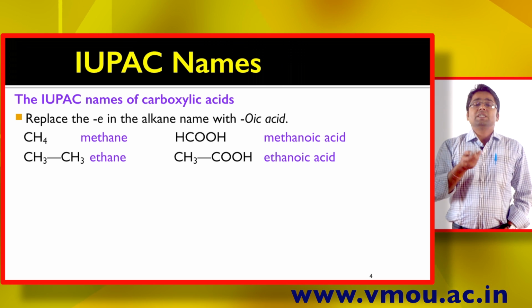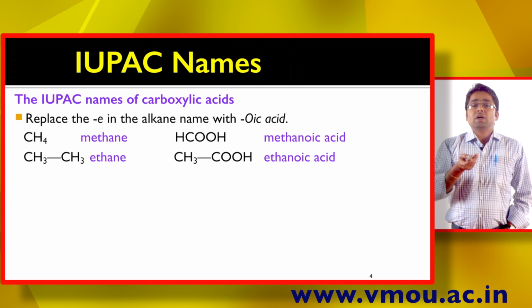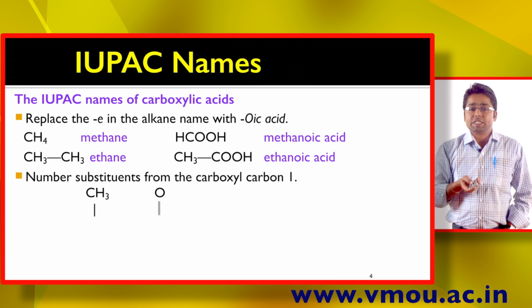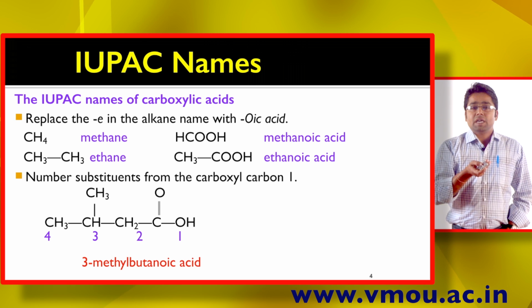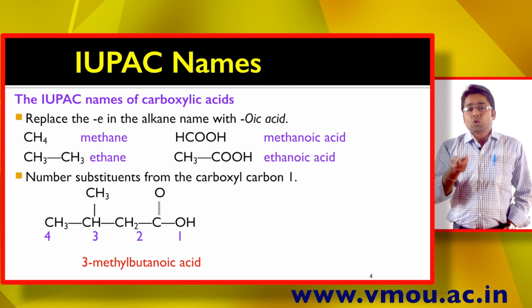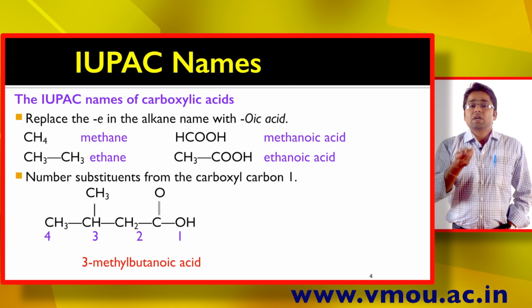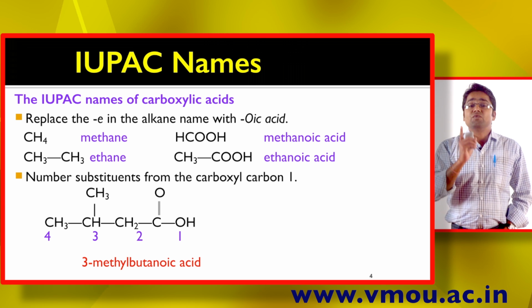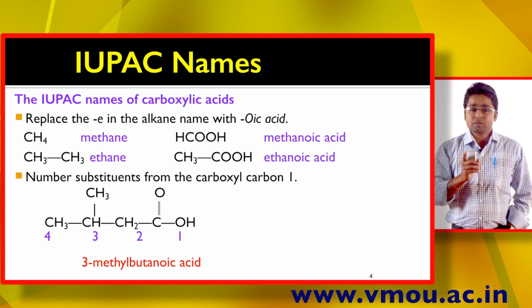The main thing is that when we name according to IUPAC nomenclature, we have to select the longest chain in the organic molecule. In carboxylic acid, the organic chain starts with the carbon of the carboxyl group, that is, we have to assign number 1 to the carbon of the carboxyl group.